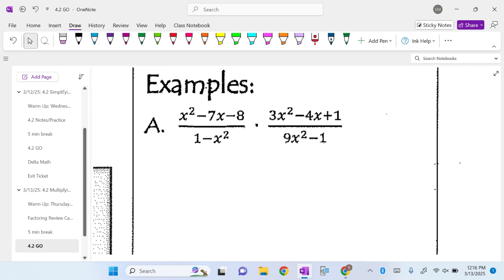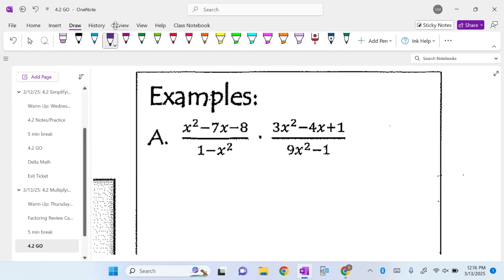Well, yeah, GCF, but what are you doing? Starts with an F. Factoring. We're going to factor all of the parts of the two fractions. Because once we do that, it's really, really easy. So your first step is to factor everything.